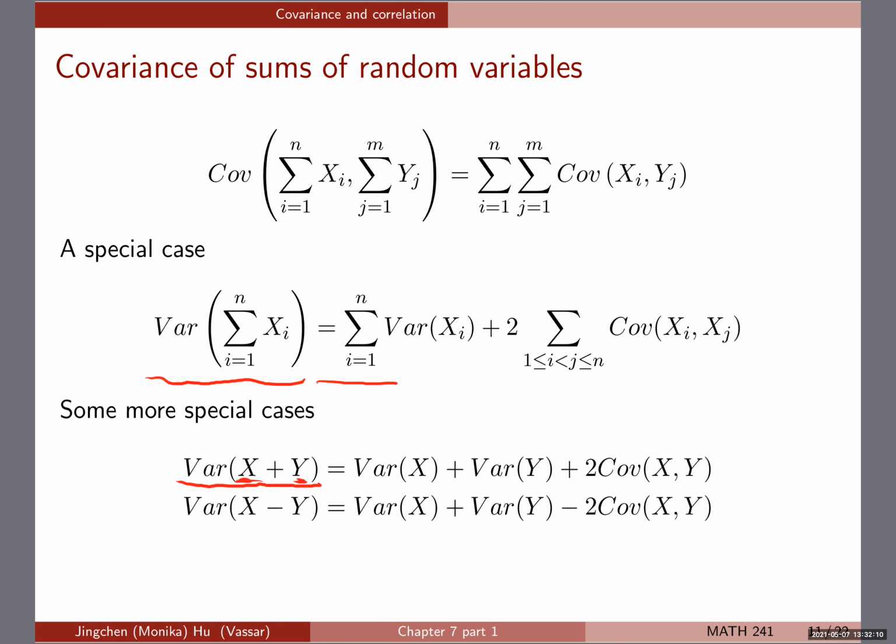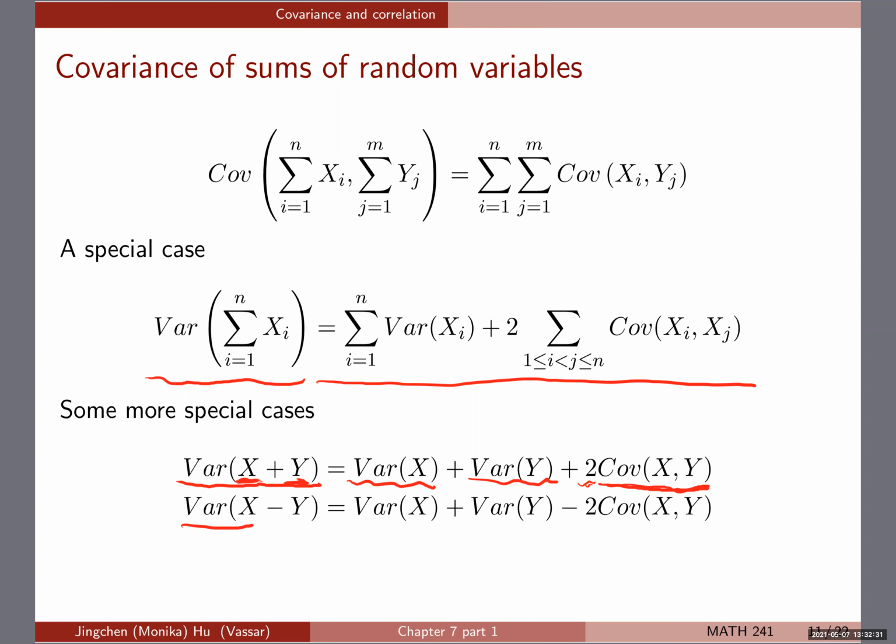So we have the variance of x, you add the two variances first, and then you add 2 times the covariance. In our case, because there's only one copy of x and one copy of y, you only have one pair. So it's 2 times the covariance of that.